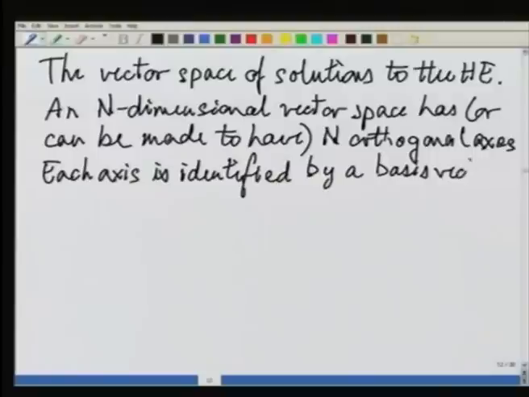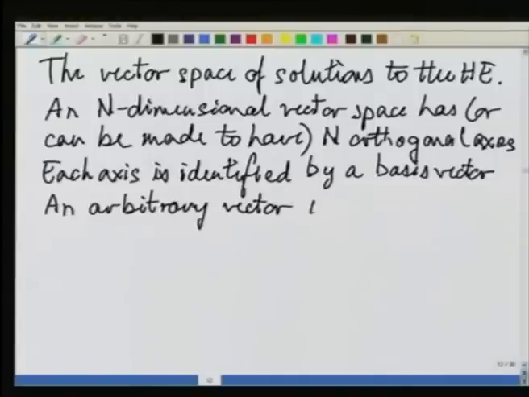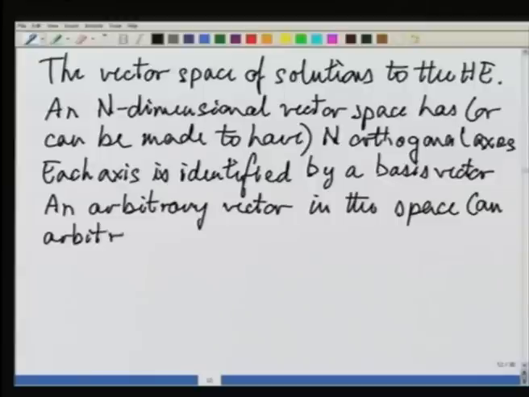By a basis vector. An arbitrary vector in the space, that is to say an arbitrary point in the space, may be expressed as a linear combination of the basis vectors.